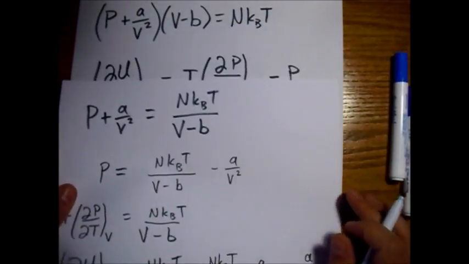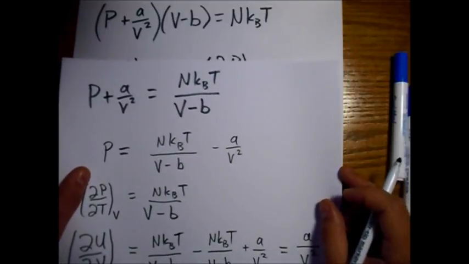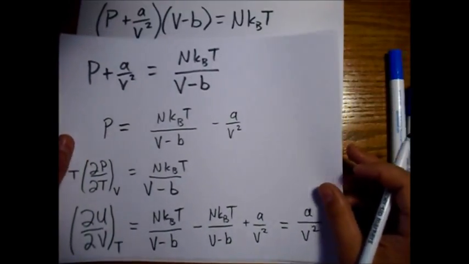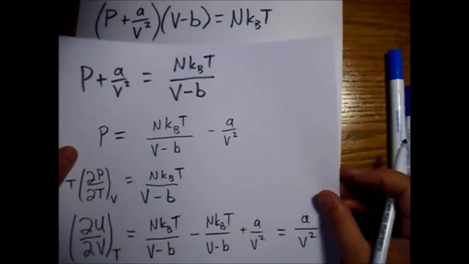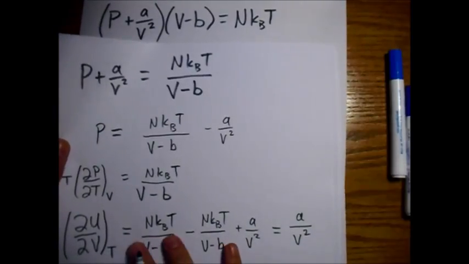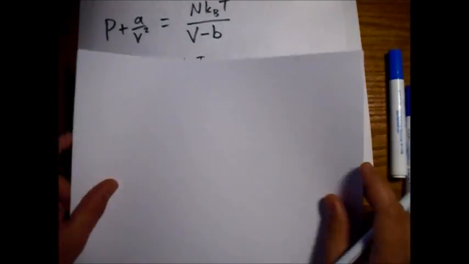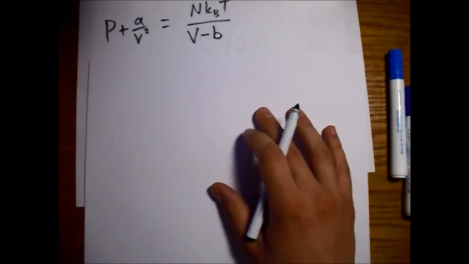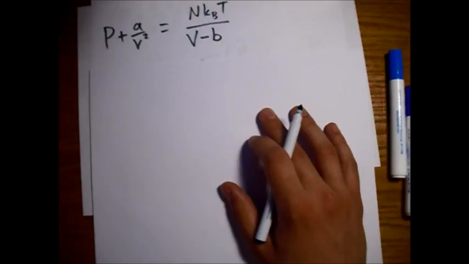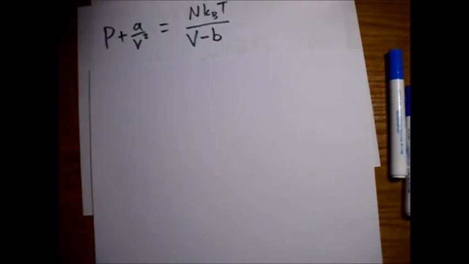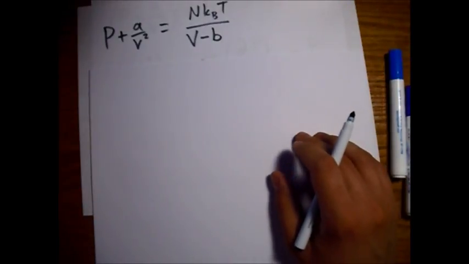We're going to use this later. Now supposing that the heat capacity CV at constant volume is independent of temperature, calculate the difference in energy between the gas with temperature T and volume V and a reference state of temperature T naught and volume V naught.